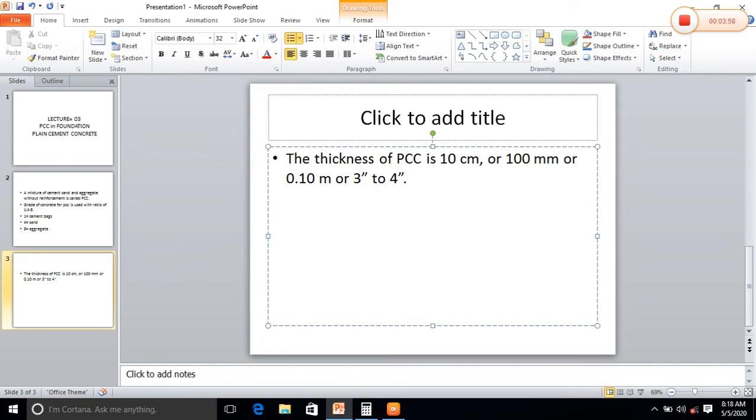Okay, the thickness of PCC is 10 centimeter or 100 mm or 0.10 meter or 3 inches to 4 inches.